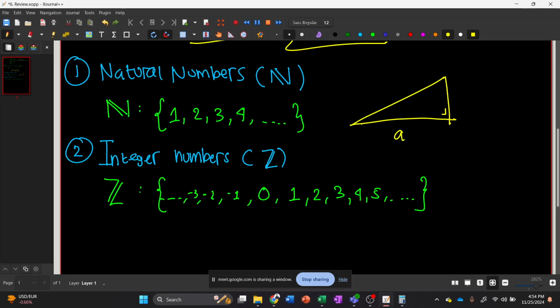Let's call this side A, the length of this side is A, this is B, and this side is C. Based on the Pythagoras theorem, the square of A plus the square of B is equal to the square of C. Okay, so this is the Pythagorean theorem.